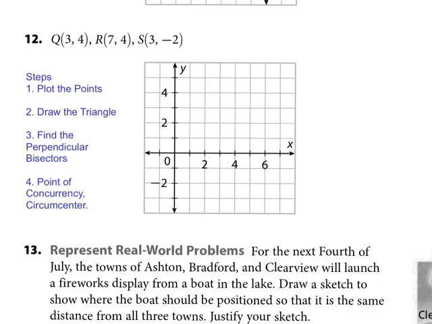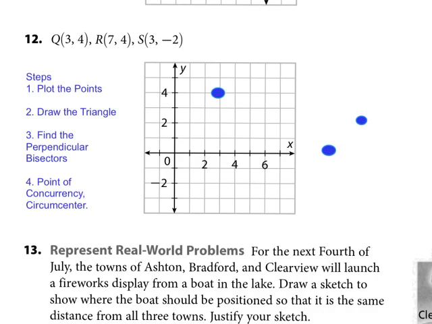Here are the steps once again for this problem. Number 1, plot the points Q, R, and S. Draw the triangle, which is the triangle QRS. Find the perpendicular bisectors, and then find the point of concurrency, which will be your circumcenter. Okay, we're going to plot the point 3, 4.